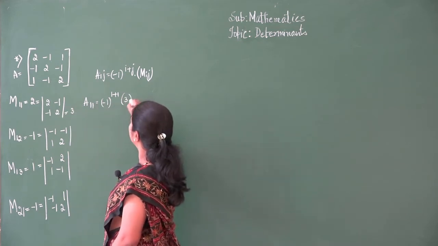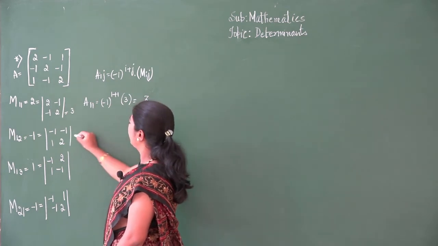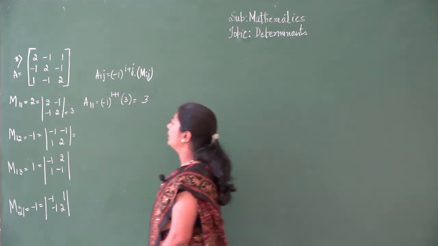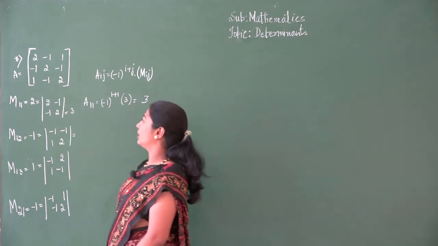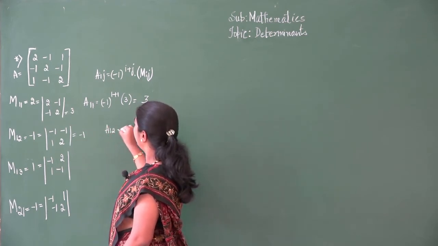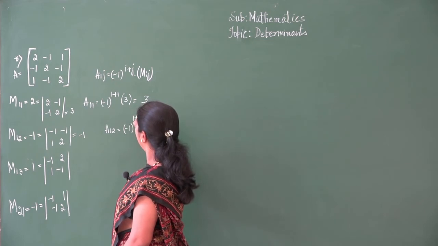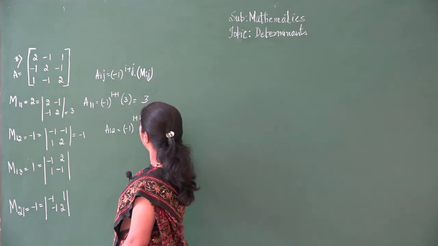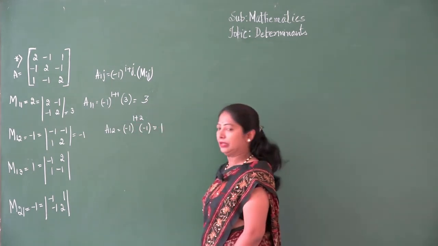So, into 3 will sum up to 3 again. What is the value of M12? Minus 2 plus 1 will be minus 1. So, what is A12? Minus 1 to the power 1 plus 2 into minus 1 will be plus 1.